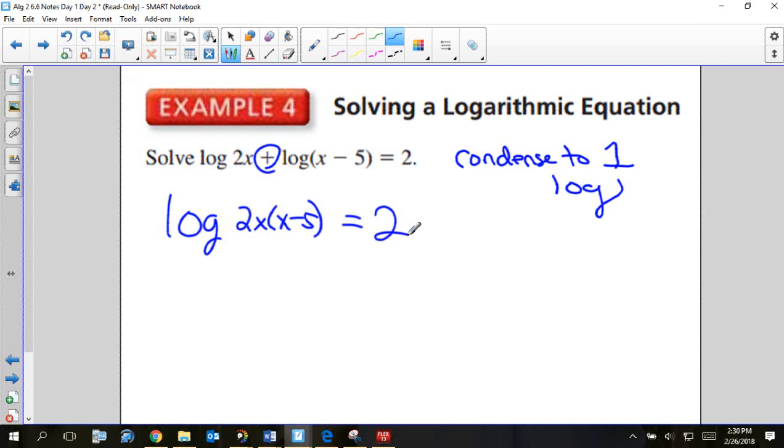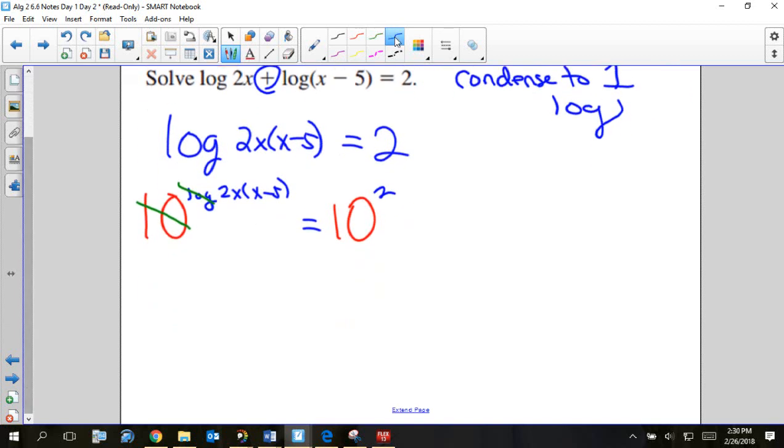So what cancels out log? 10 to the. You're going to exponentiate. You write 10 to the log of 2x times x minus 5, and on the other side, 10 to the 2. That will cancel out 10 and log.